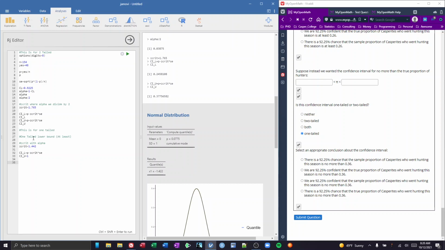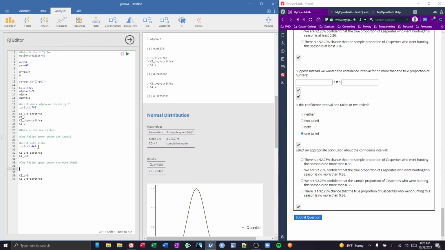Okay, and then if we do a one-tailed upper bound, we'd say "no more." What we actually do is the exact same thing, except we're just using the plus side. And the lower is equal to 0.